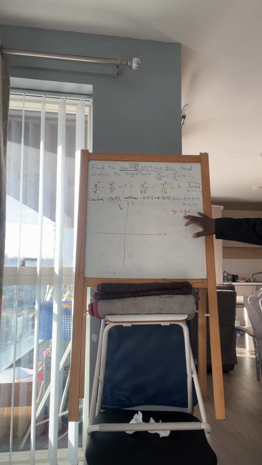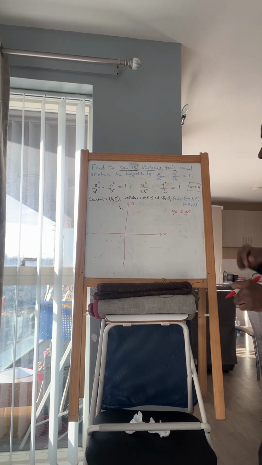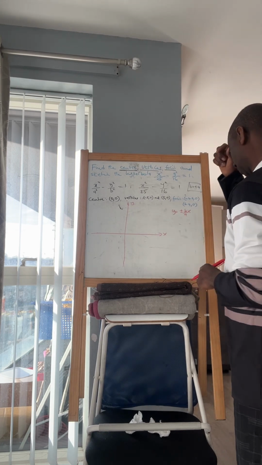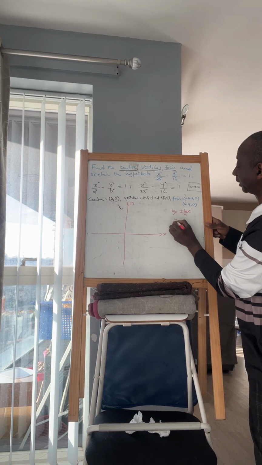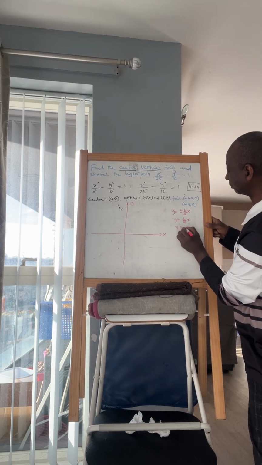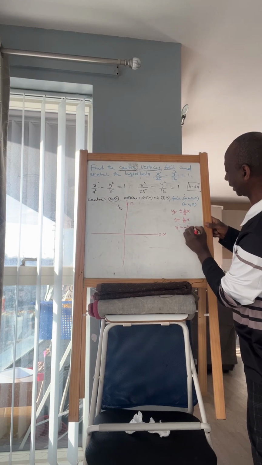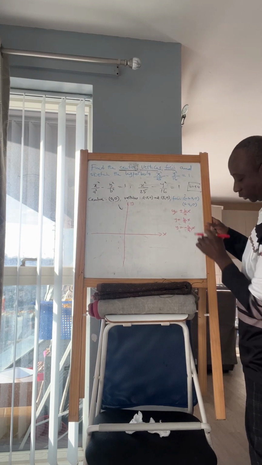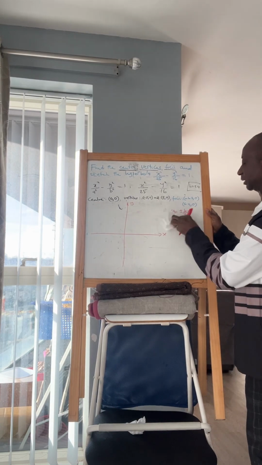This is a straight line with gradient b over a. It's two equations: one is y equals b over a x, and the other is y equals minus b over a x. That is what plus or minus means. One is negative, one is positive.